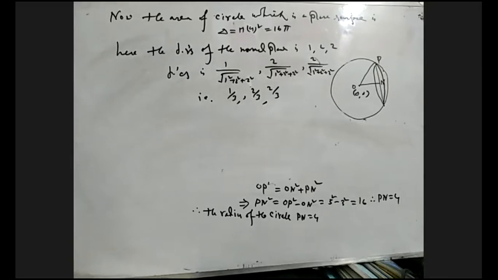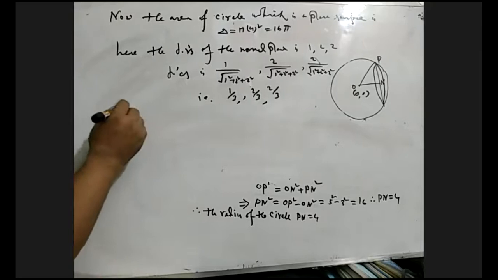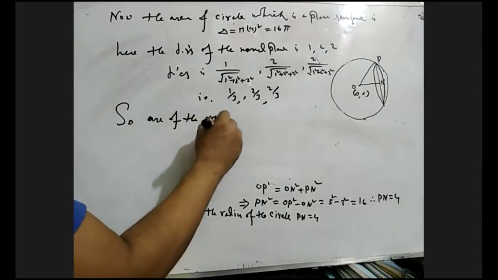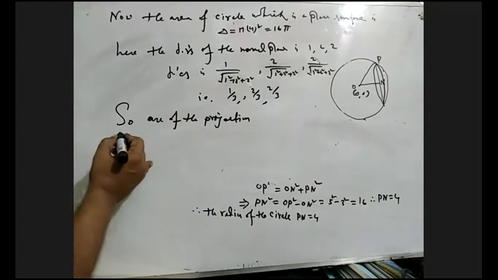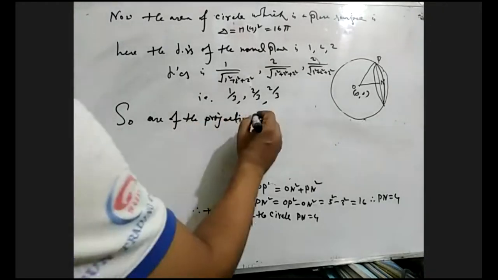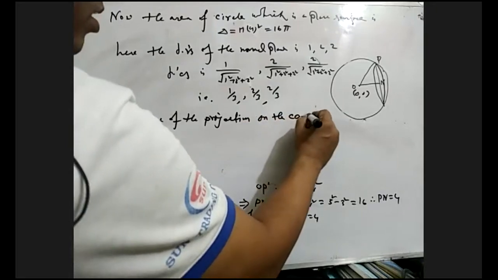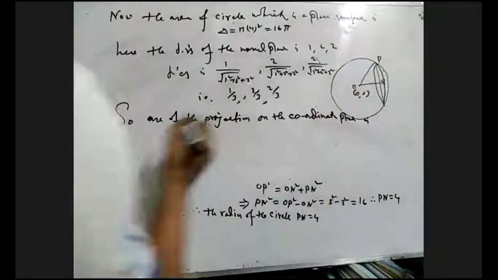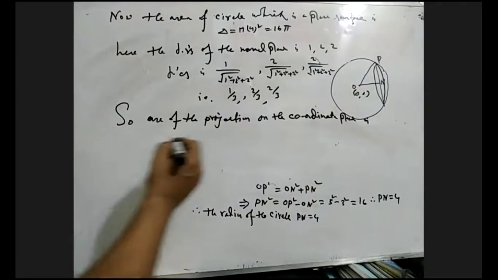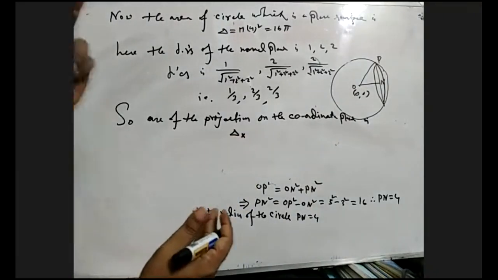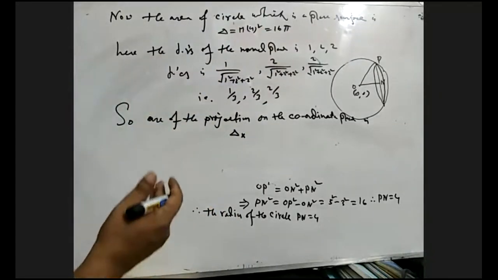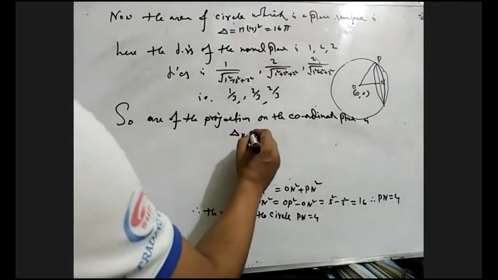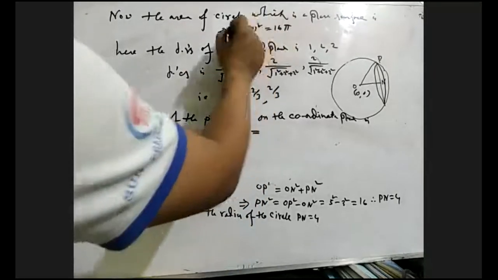So now the area of the projection on the coordinate planes. The area of projection along the x-axis will be the direction cosine along x times the total area, which is 16 pi.